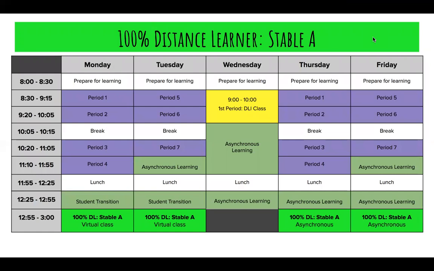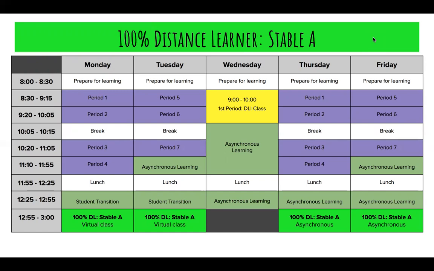So if you're looking at this schedule and you're just focusing on a 100% distance learner Stable A student, this is how your schedule will look. See, everything's the same, Monday, Tuesday, Wednesday, Thursday, Friday.